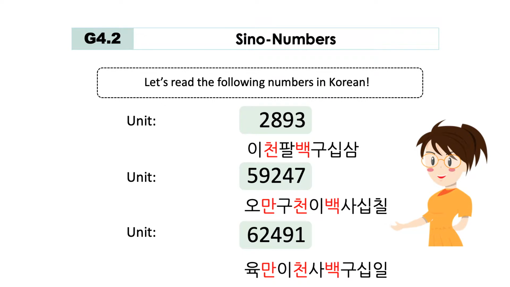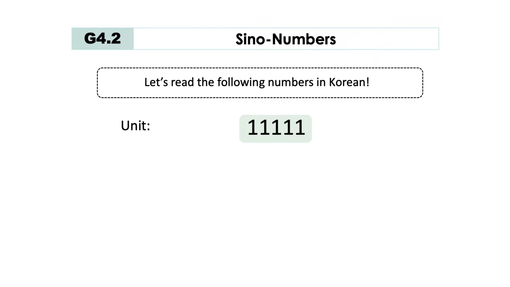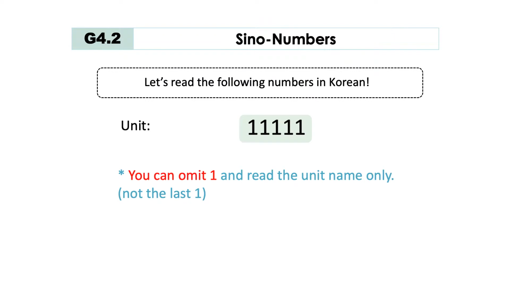62,491, right? What about this? You have all ones for all those 5 digits. So in this case, you can omit 1 and read the unit name only, but not the last one. So, for example, I would read this as 11,111.